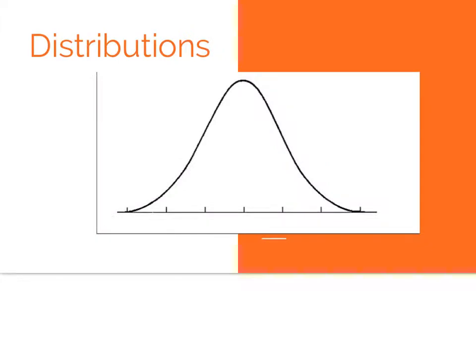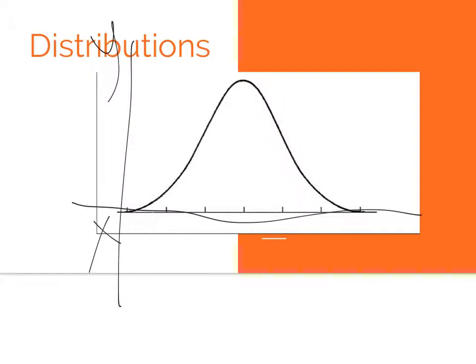Now we're going to talk a lot about distributions this unit. A distribution is basically another, graphic form of showing data. And don't forget, with distributions we also have a y-axis and an x-axis.